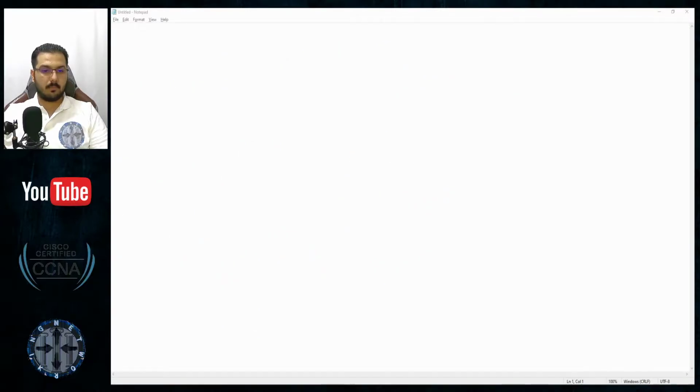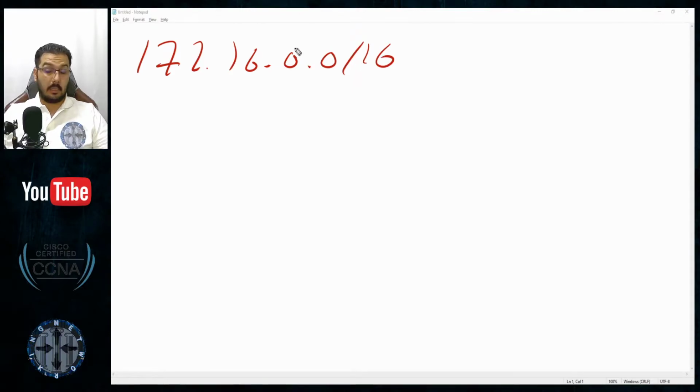Okay, the third example, randomly someone gave us a very different address, like 172.16.0.0, and they said /16. That refers to 16 ones in the subnet mask. So 1, 2, 3, 4, 5, 6, 7, 8, 9, 10, 11, 12, 13, 14, 15, 16. Hold on, that was 16.